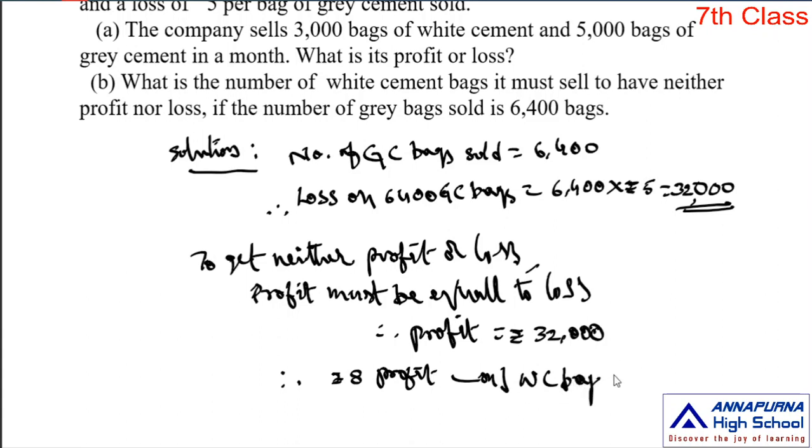Suppose the profit is 32,000 rupees, on how many white cement bags must he sell?